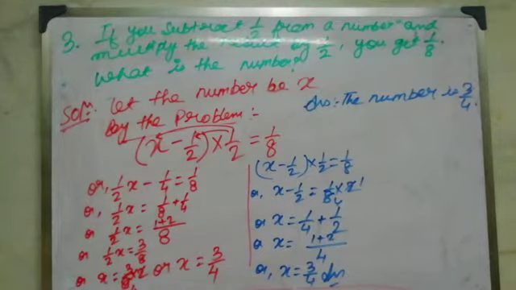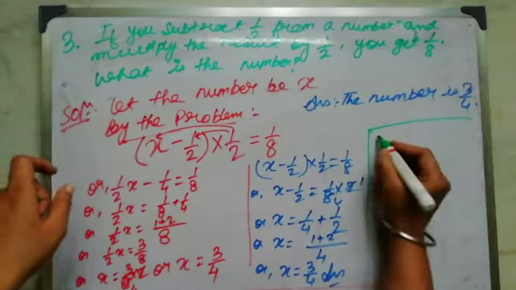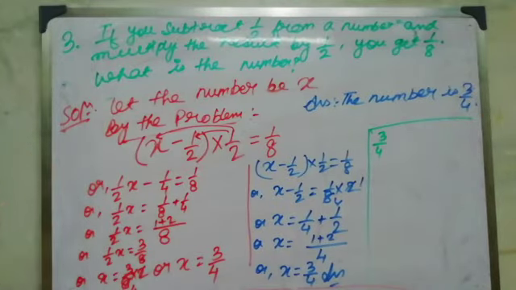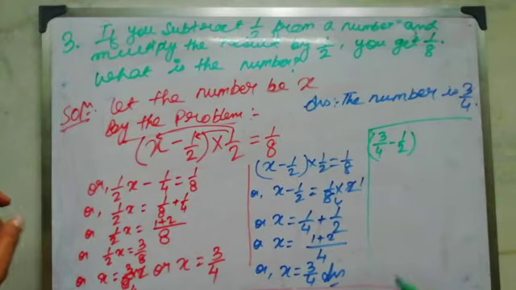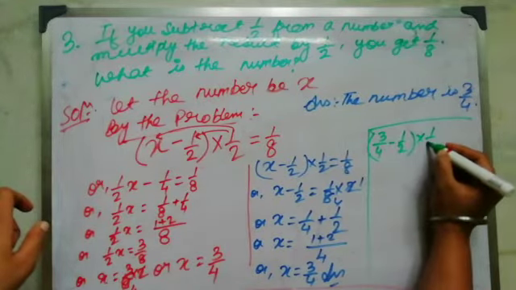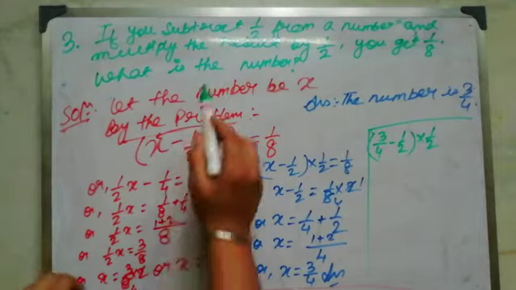So, for that we have learned the checking process, right? So, we will quickly check it. My number is 3 by 4. To this I am subtracting 1 by 2, and to this I am multiplying 1 by 2, right?